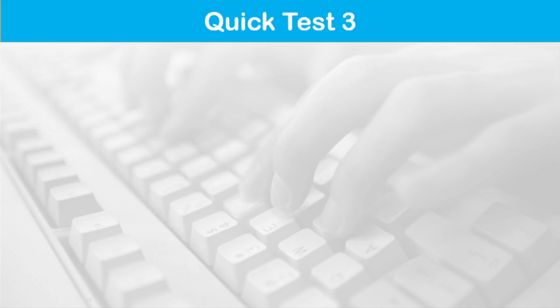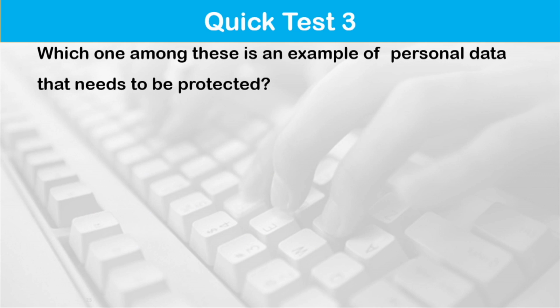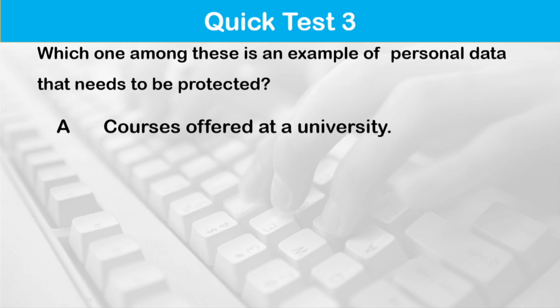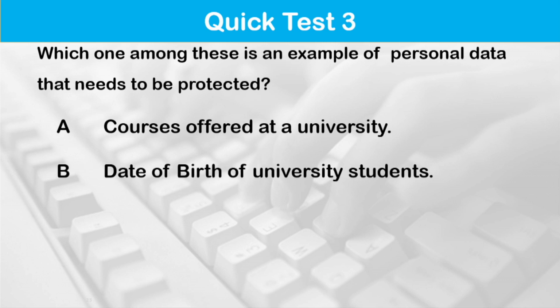Next question. Which one among these is an example of personal data that needs to be protected? Is it A, courses offered at a university? Or B, date of birth of university students?